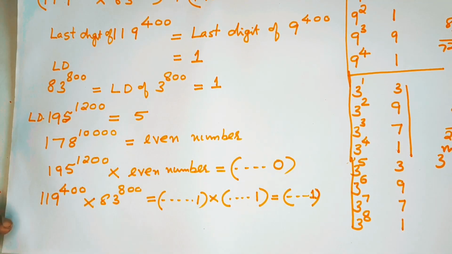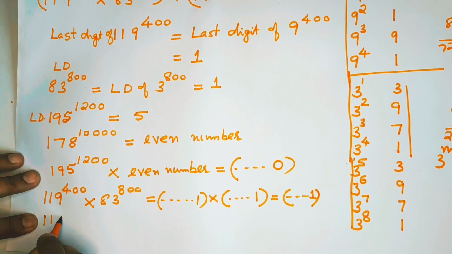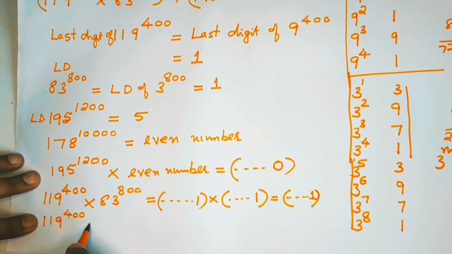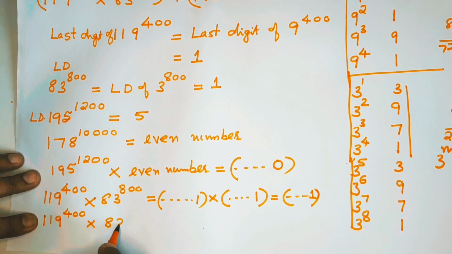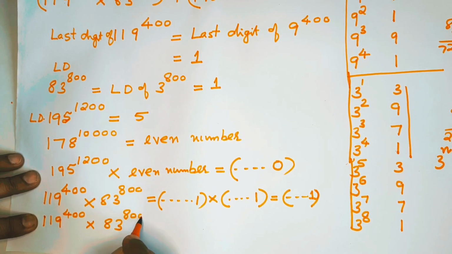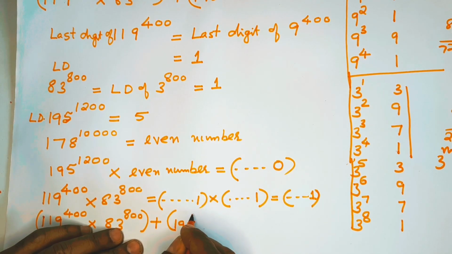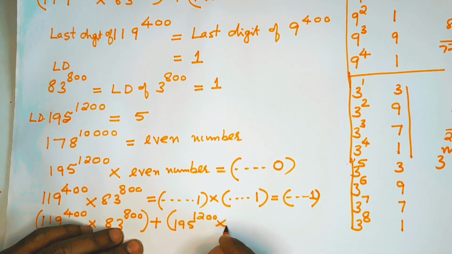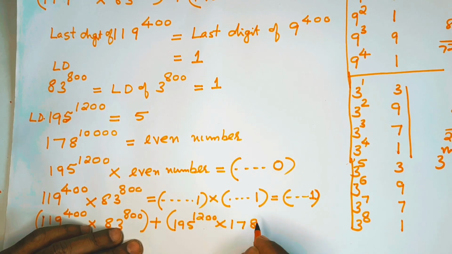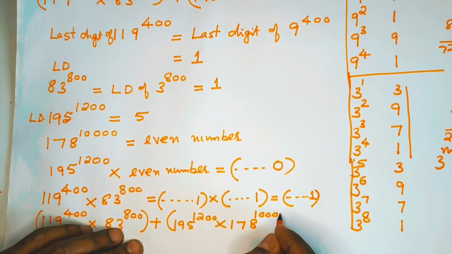Now let me rewrite the whole expression together before concluding the solution. So 119 to the power of 400 multiplied by 83 to the power of 800 plus 195 to the power of 1200 multiplied by 178 to the power of 10,000.